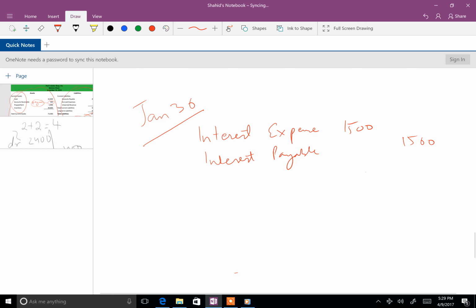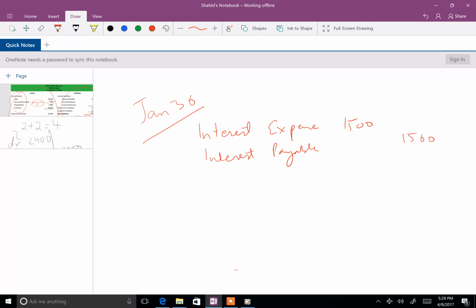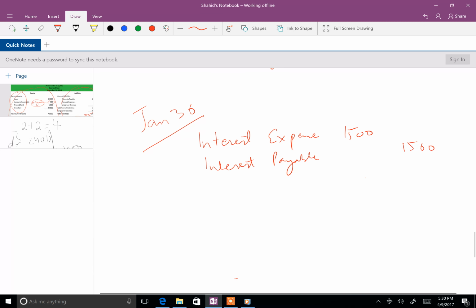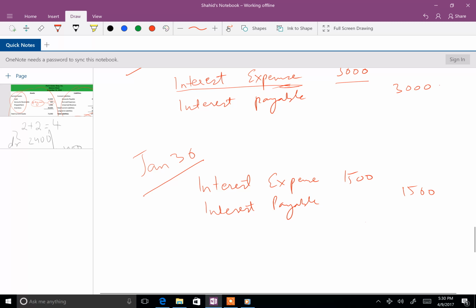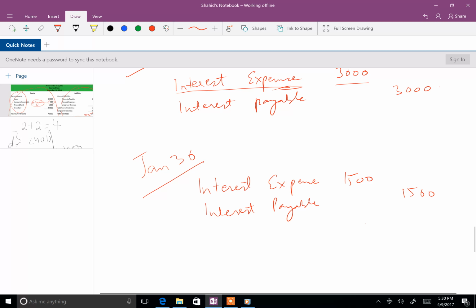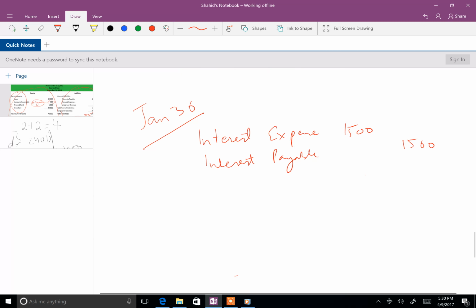And then on the same date, January 30th, that's when we owe all this money. So we will do another entry, and we will be paying cash, right? If I want to do it separately for interest payable and separately for principal, I can do this entry in another way than what's shown in the solution manual.